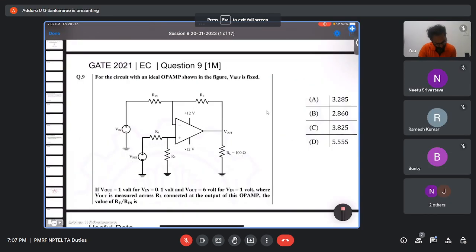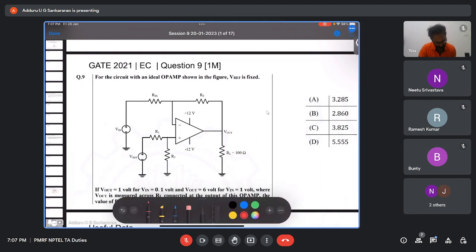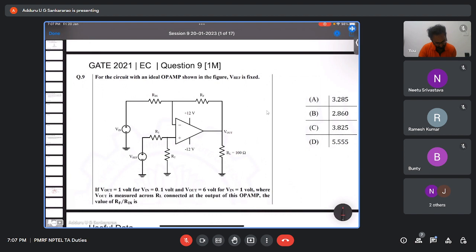If V out equals 1 for V in equal to 0.1 volts, and V out equals 6 for V in equal to 1 volt, where V out is measured across RL connected at the output of the op amp, they are asking the value of RF by Rin.